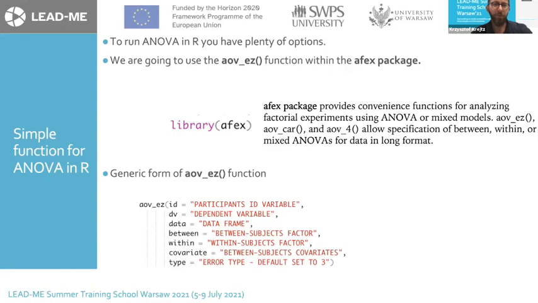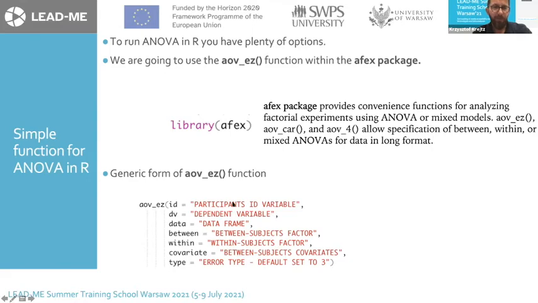For example, we can use the function aov_ez, which stands for ANOVA, underline EZ, probably ANOVA easy. We have a couple of parameters we can define here. So aov_ez, ANOVA easy, is make pizza. We have a couple of parameters.